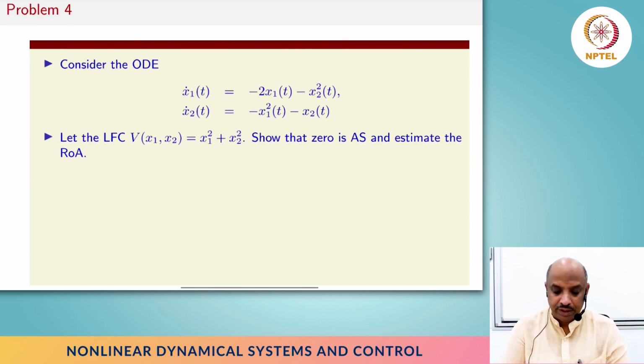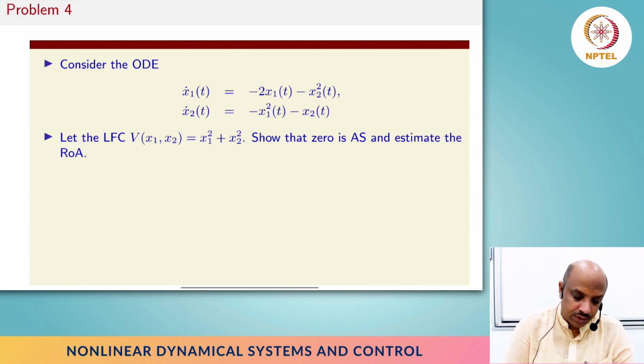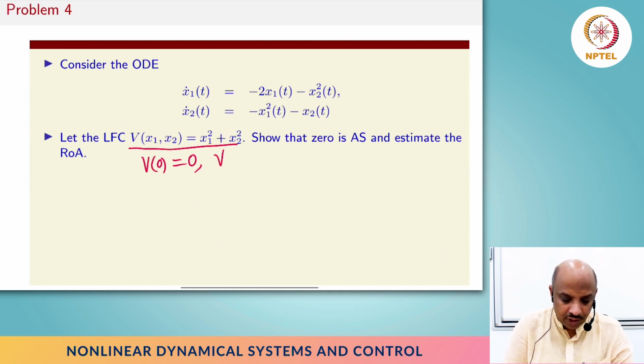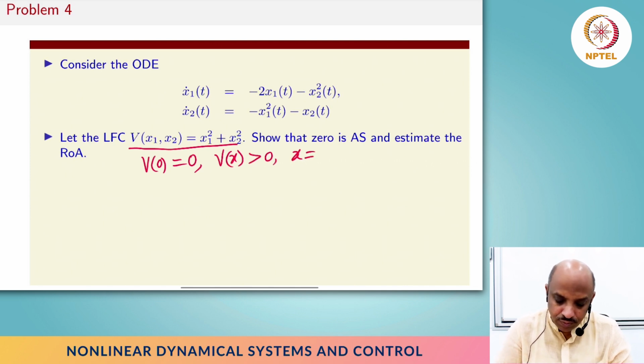Lyapunov function method, right? So this Lyapunov function, clearly v of 0 is 0, v of x is positive for all non-zero, and then of course more importantly we do have this v of x is indeed equal to norm of x square, right?